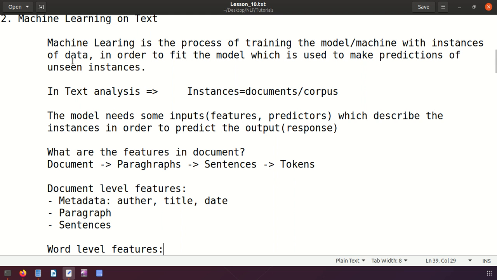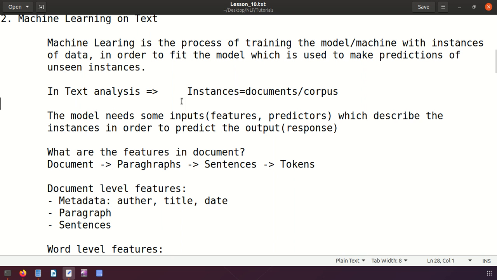These instances are used for training the model in order to fit the model, which is used to make predictions of unseen instances. We'll be training the model with instances, and then we will apply unseen data or instances, and we will see how the model predicts or takes the decision.